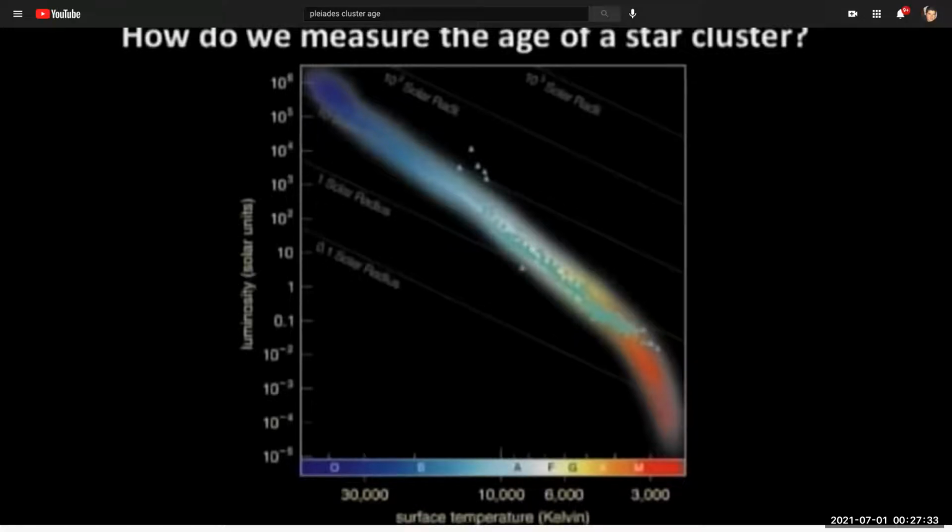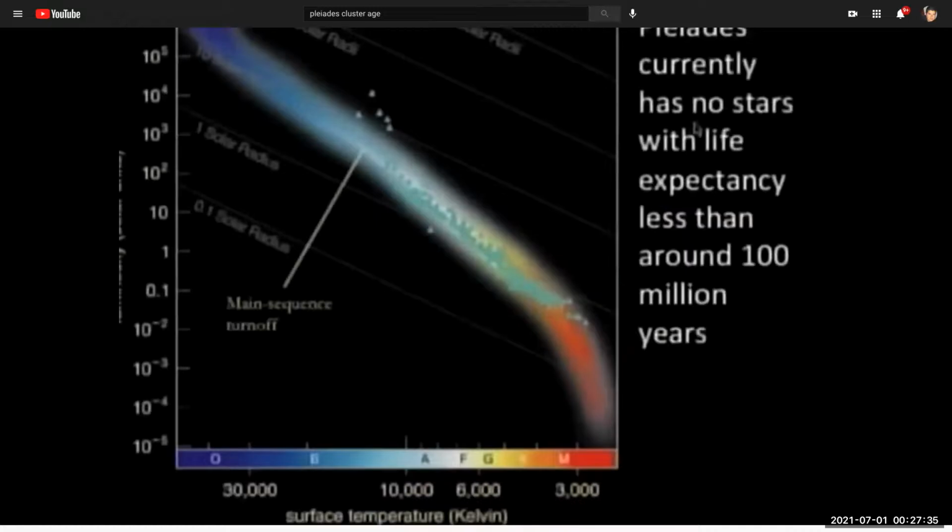So we can do that for different stars, and we can do that for all the stars that we see in the Pleiades. And we see stars all over here in the main sequence. But we don't see stars that are hotter than B stars. There is no star hotter than a B star. There are no stars as hot as an O star.